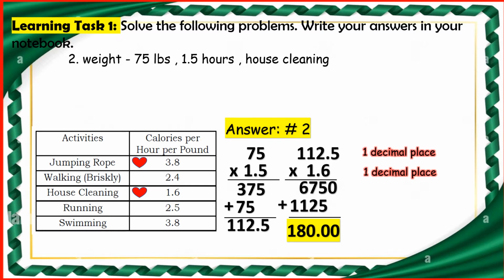Then 6 plus 1 is 7, plus 1 that we carried is 8. Then we bring down 1. So the answer now is 18,000. Okay, that is the exact answer. But we put 2 decimal places. So the answer now is 180 calories.